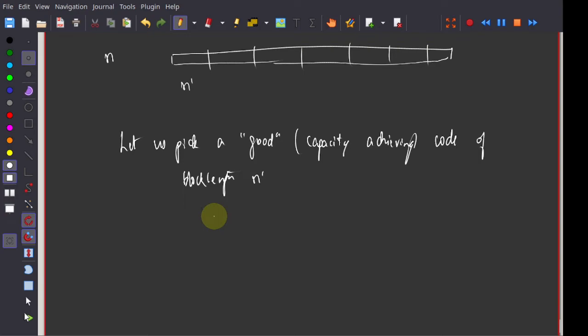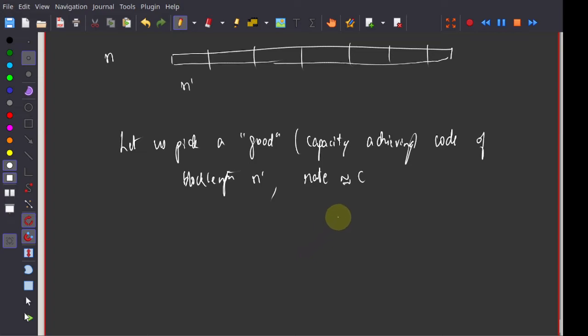N prime is going to be much smaller than n. Think of it as something like order log n. So it has block length n prime and rate close to the capacity of the channel.